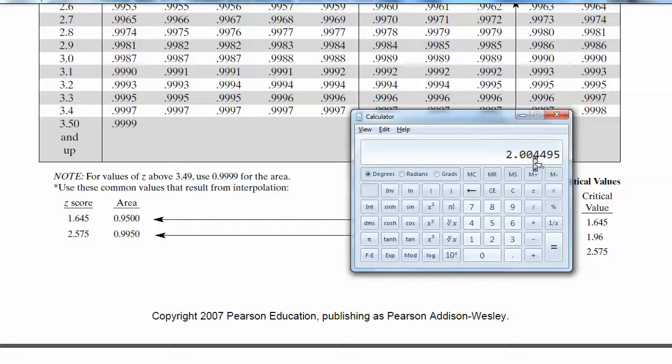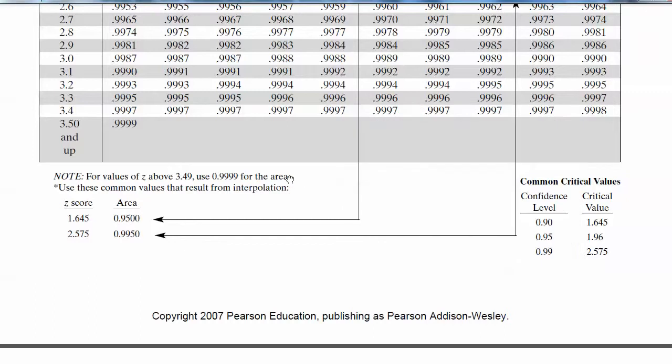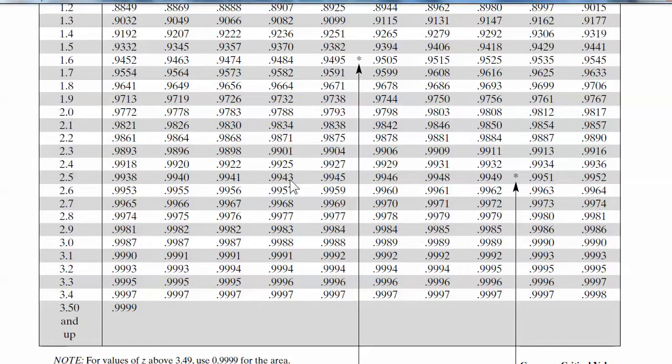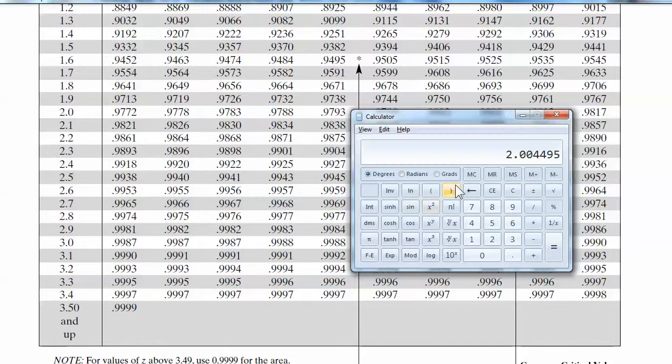See how that works? Now, I think what may have ended up happening, because you said your answer was lower, you may have ended up not seeing a 95 and thought, well, they kind of go right between, so I guess I could choose this one or that one. And you chose this one, and you got a lower number. In fact, let me just go ahead and run out the calculator on that number and see what would have happened. 1.64 is our corresponding z-score for a 94.95% from the area, or the body of the area scores.